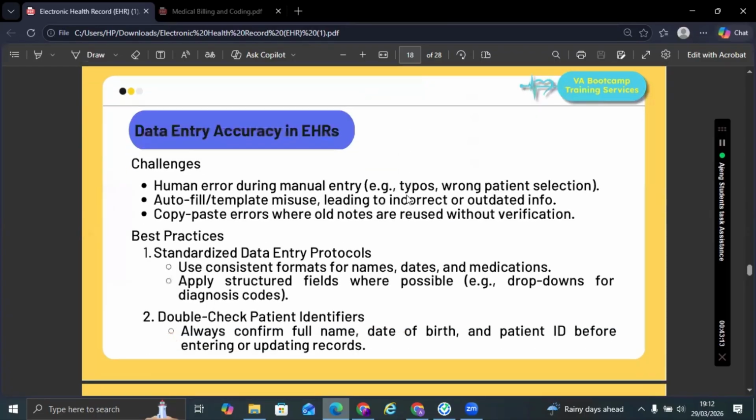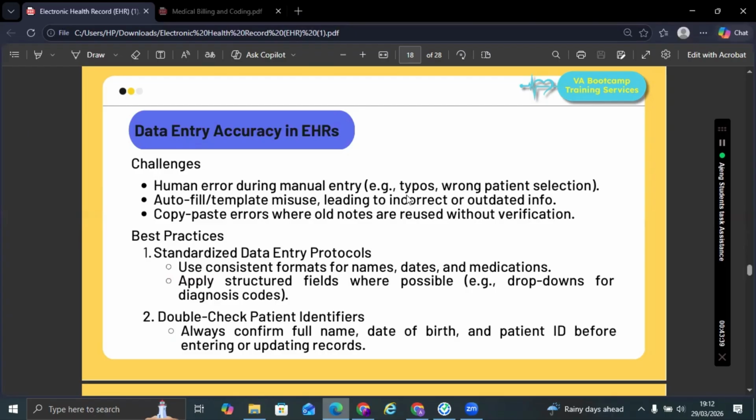First, data entry accuracy. The challenges are: first, human error during manual entry, like typos, wrong patient selection, and then autofill or template misuse, leading to incorrect and or outdated information, and then copy-paste error when old notes are reused without verification.